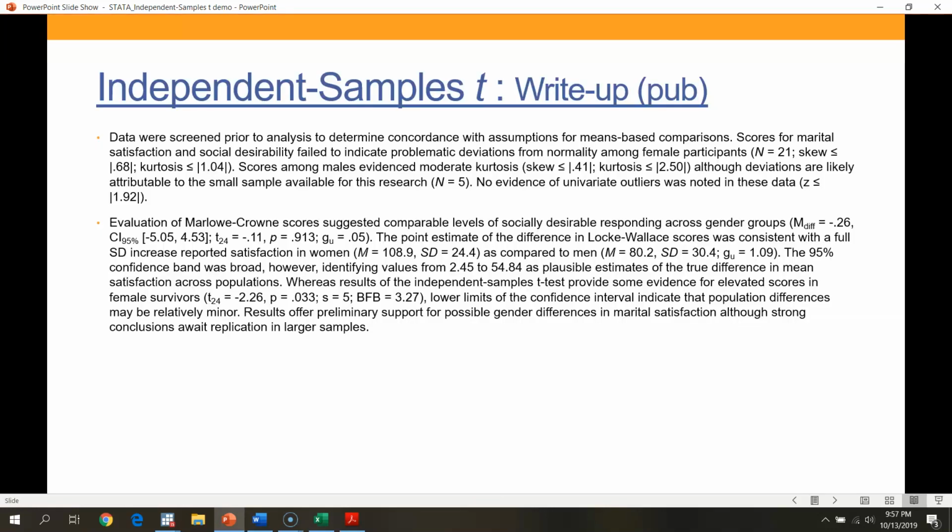Again, if we wanted something that looks maybe more appropriate for what might be written up in a journal, here's a kind of cut down write-up of what that might look like. So again, I think this is a nice example.